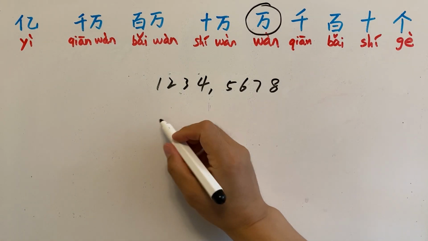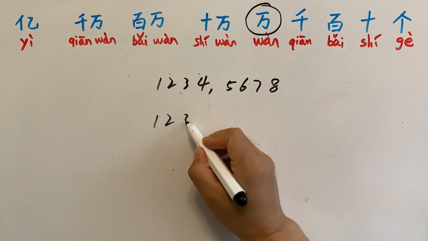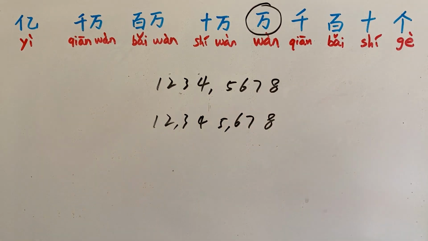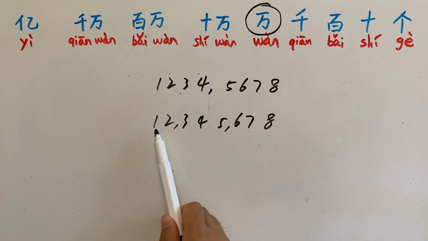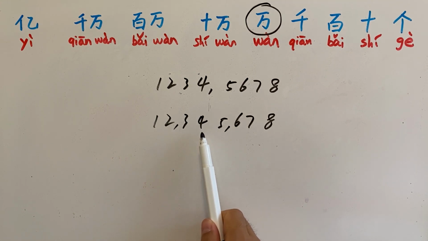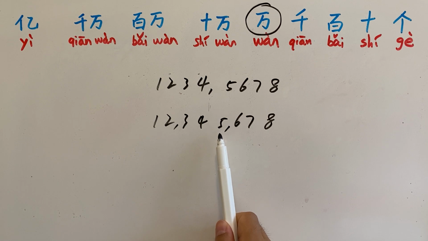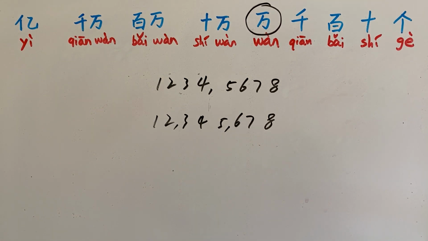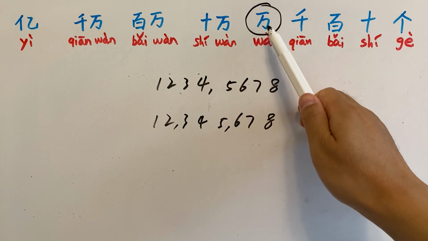In English, this number should be written as 12,345,678, where this is thousands and this is million. But in Chinese, we have one more unit, that is 10,000, 万.